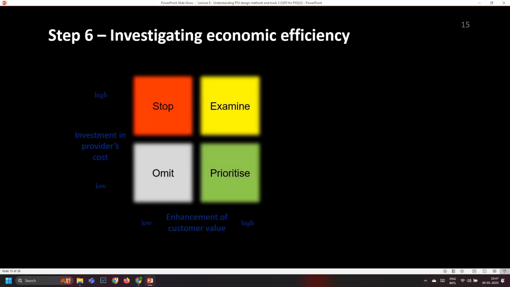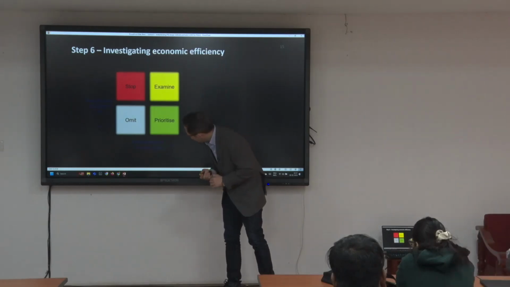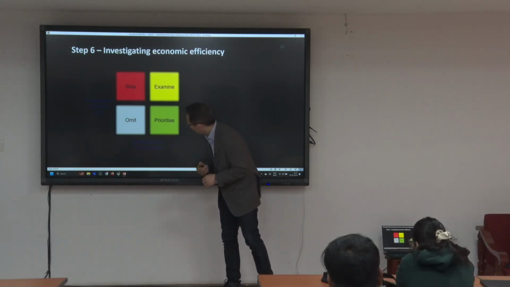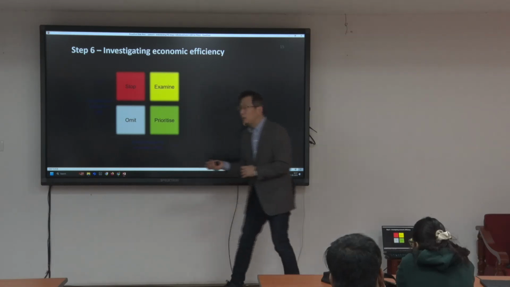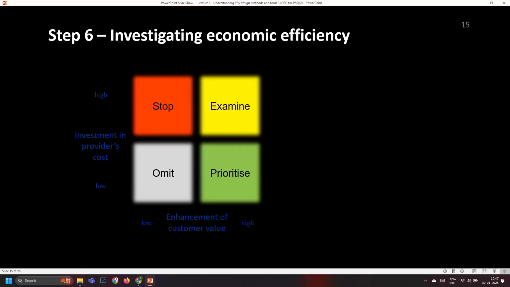And in that last step, you may want to also use a similar 2x2 matrix. Again, apologies for the color of the fonts for the dimensions. So in this matrix, the horizontal axis is for the degree of improvement in terms of customer value, low, high, okay?